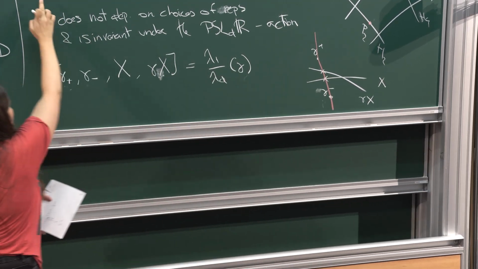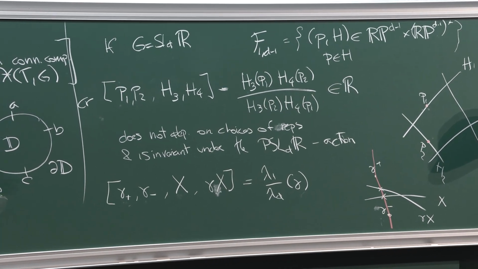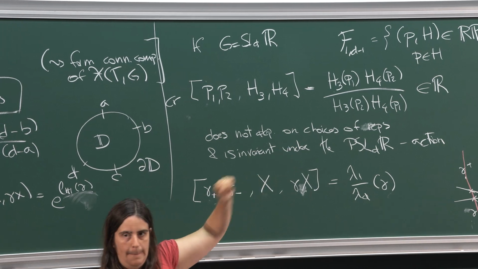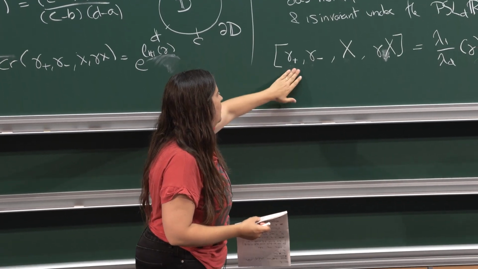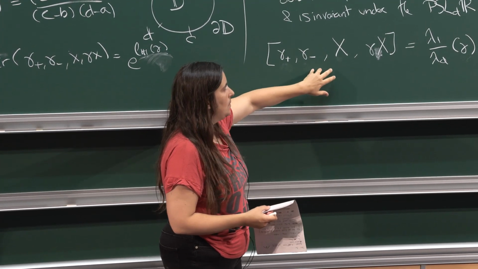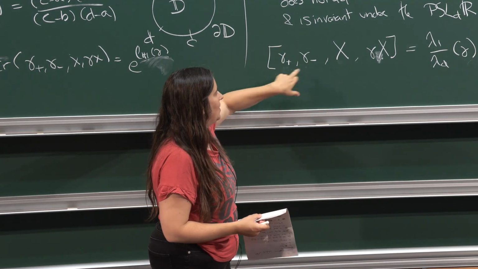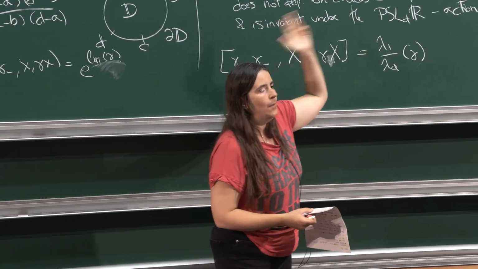And this cross ratio that I wrote up here is nothing but the standard RP1 cross ratio of the 4 points that intersect. But again, it's very similar to things that appeared in Natalie's talk this morning, of reading properties of this element gamma of the action on the symmetric space from the boundary.